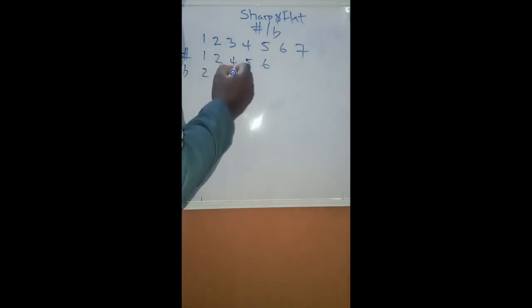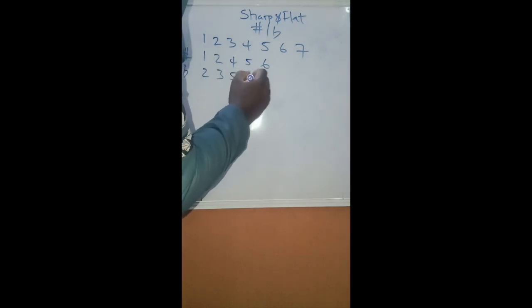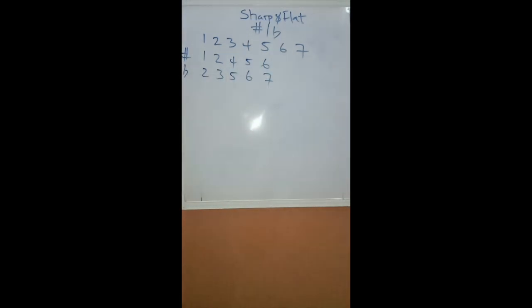We have flat 5, 6, and the 7. So if you look at this, we have 7 keys, and here we have 5. So when you look at the sharp, 7 plus 5 is what? That's 12. So that is how we come about 12 keys.